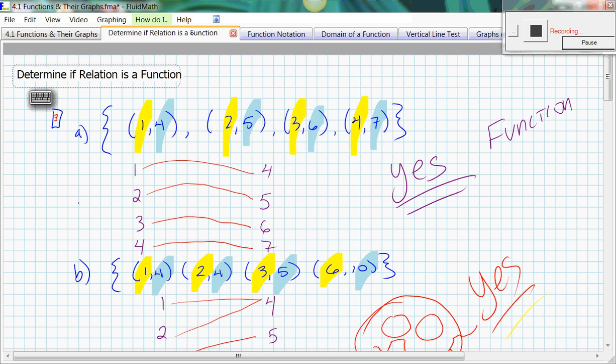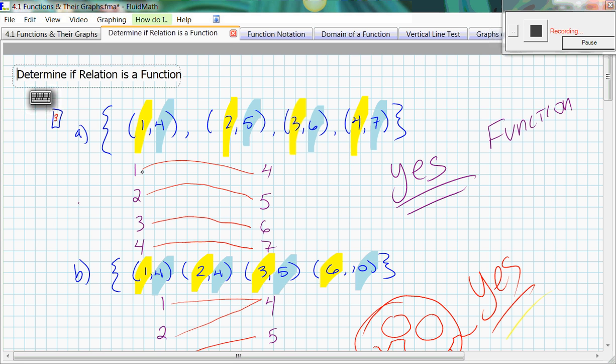Then we talked about the domain of a function. We had this sort of debate in class. The first one was this set of numbers, example A: 1 comma 4, 2 comma 5, 3 comma 6, and 4 comma 7. The input values are the first ones, the domain: the 1, the 2, the 3, and the 4. So we wrote them down over here.